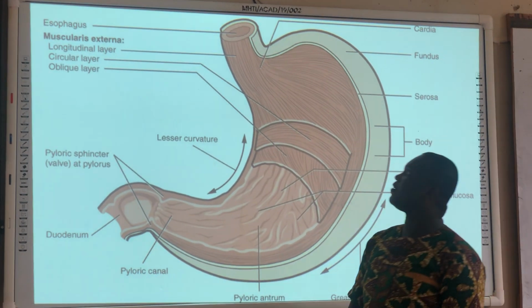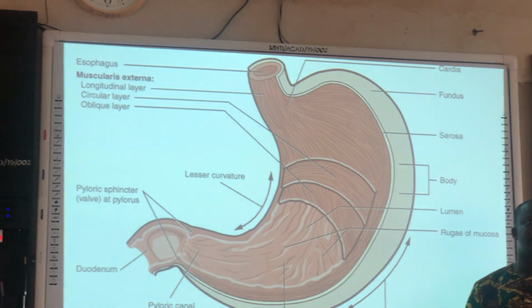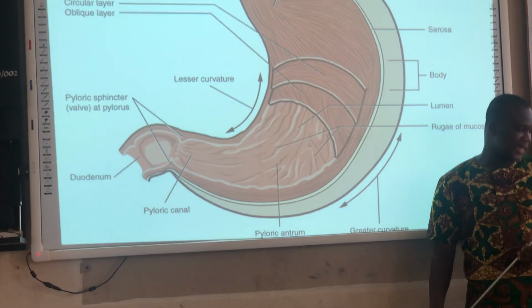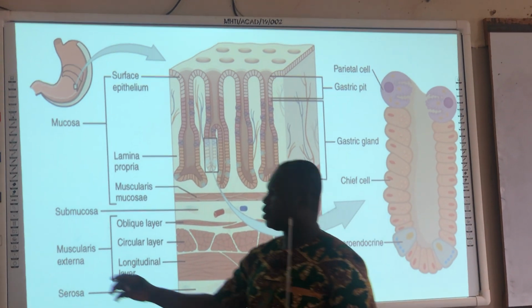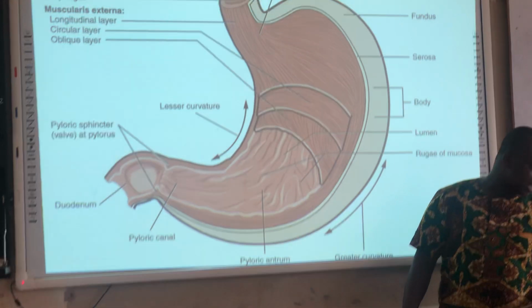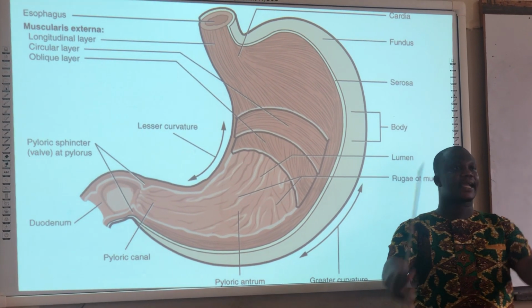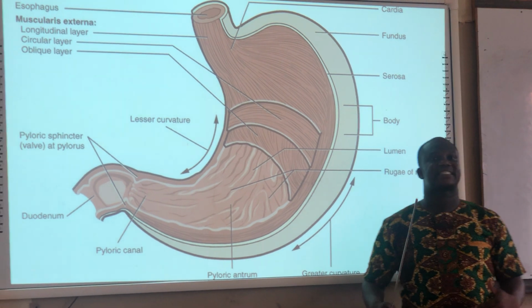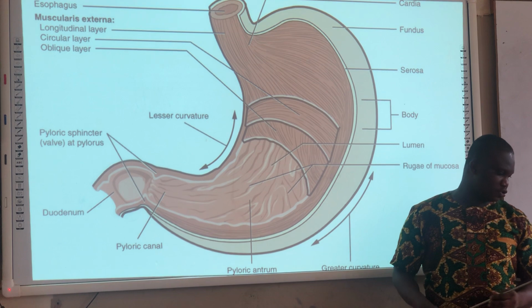Now, what is the shape of the stomach? The stomach is a muscular J-shaped organ. Some say it is a pouch-like organ, or an enlarged segment of the digestive tract.